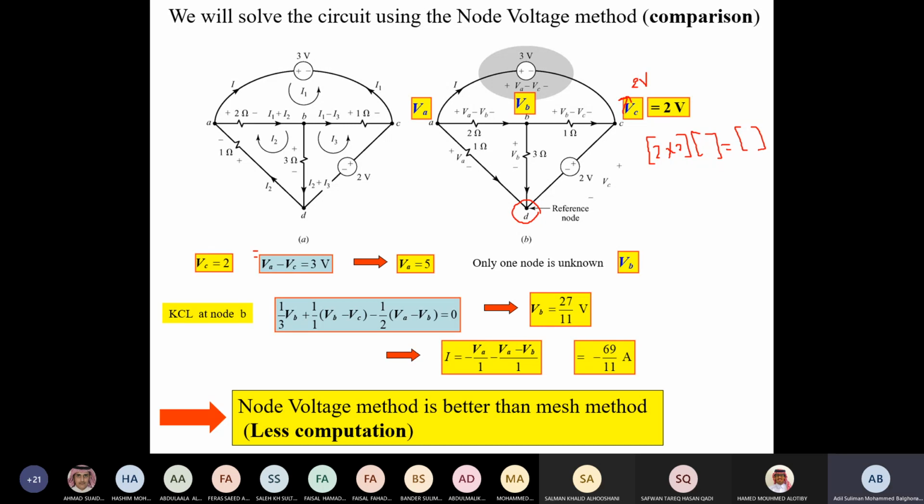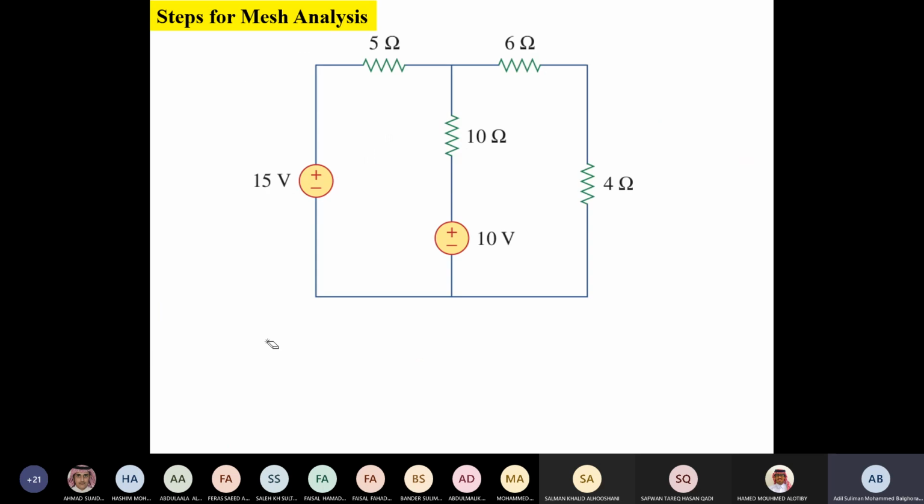Now let's look at another example of mesh analysis. Suppose I have this. I have two meshes. In this case, I label them 1 and 2, and then the currents are I1 and I2. Okay, and write KVL. For instance, I come over here on this one, and it will be a voltage rise.